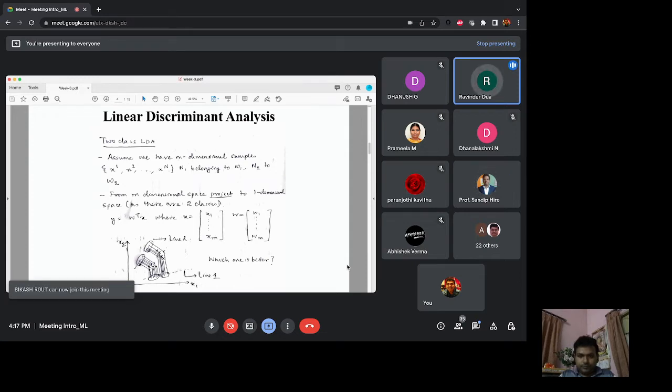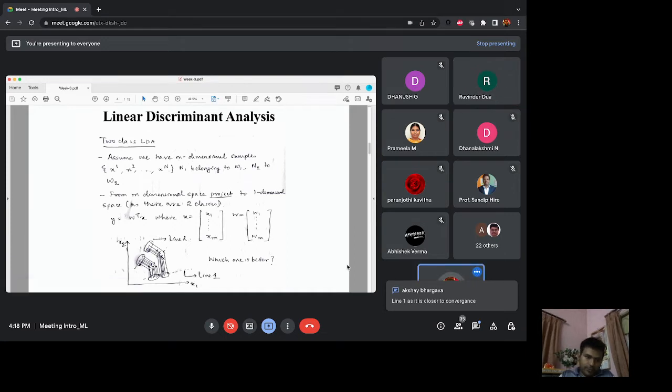It should be line 1, because any line where these points will be separated from each other would be easier to read, dots versus crosses. Which one do you feel separates the dots and the crosses better?